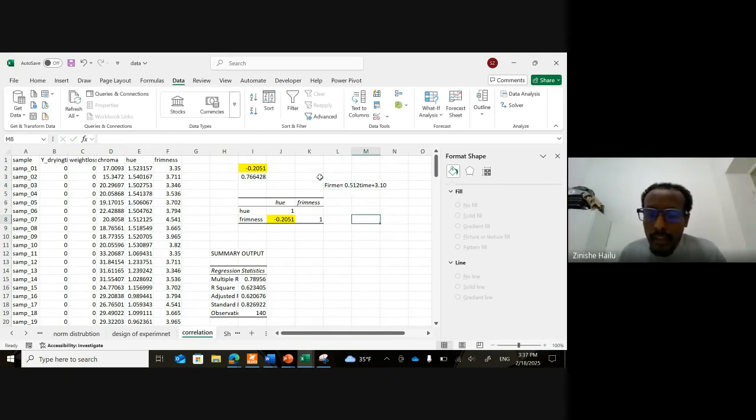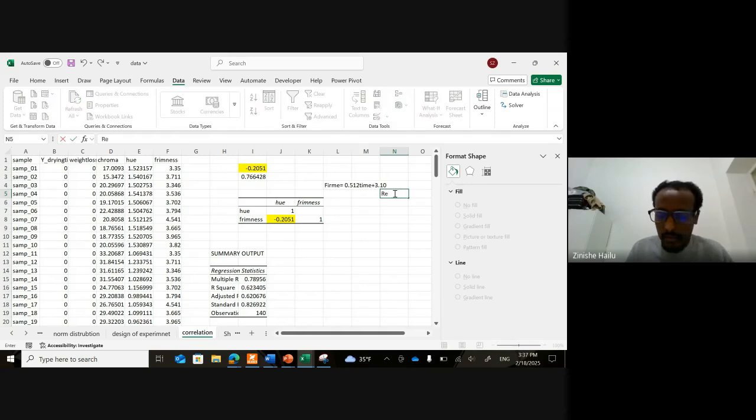So this firmness can be explained by this relationship, the explained variance is 62% only. At R square, the correlation is 0.62. So this is linear regression, simply.